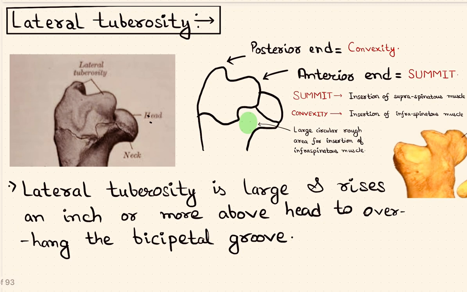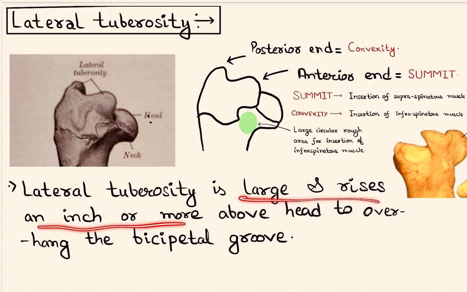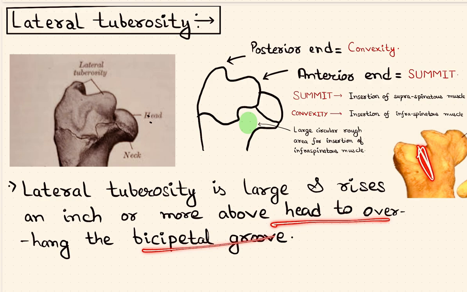In the lateral tuberosity, the anterior end is known as the summit, and this anterior end is large, and it rises an inch or more to the head, over the bicipital groove. This summit overhangs the bicipital groove, so it is a little higher.